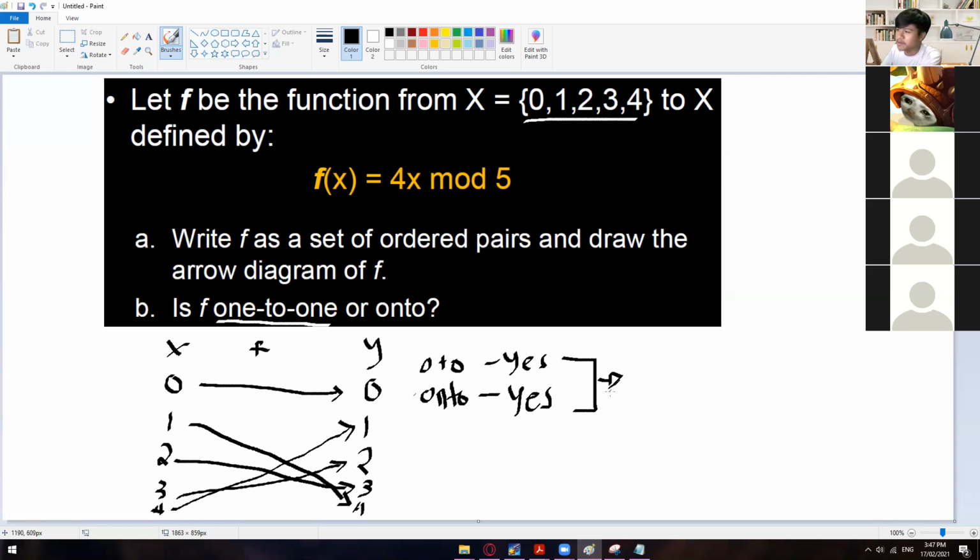Anyone who can remember? What is that function again if we have a one-to-one and onto at the same time? Starts with letter B. Anyone?